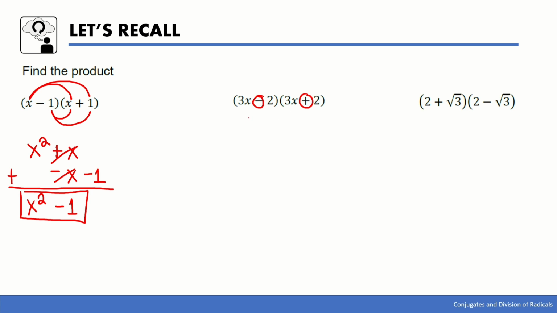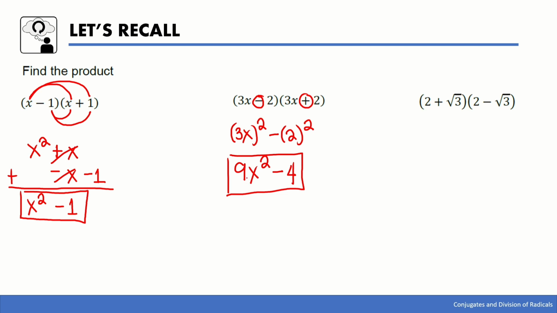That is why this is the product of the sum and difference of two terms. Now, again, we're going to square only the first term. So we have 3x raised to the second power minus 2 raised to the second power. So 3x times 3x, the product is 9x squared, minus 2 times 2 or 2 squared, that is 4. And this is now our answer.